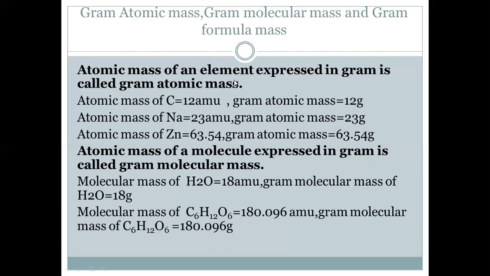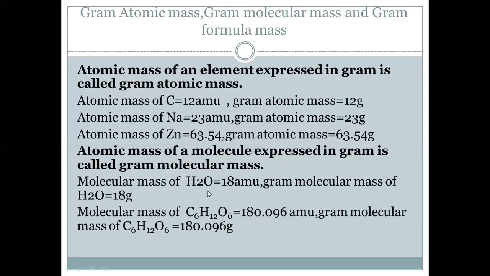The smallest particle of an element is an atom, so we will use atomic mass. Okay. Now, the molecular mass of a molecule expressed in gram. A molecule, I told you, is hydrogen gas or any compound whose smallest particle is a molecule. Then the molecular mass expressed in gram is called gram molecular mass. You can see the molecular mass of water. Water is a compound, so we will not use atomic mass for it.